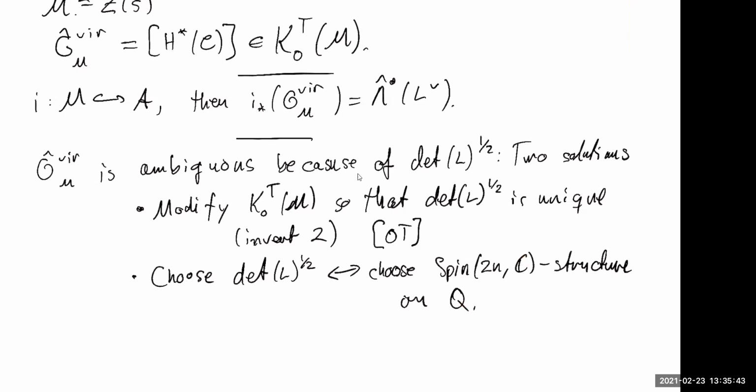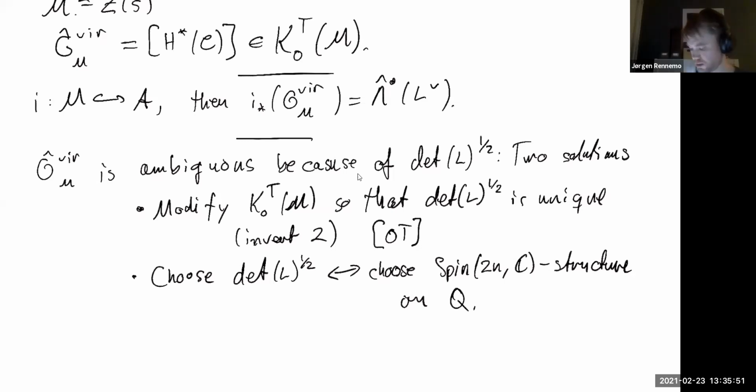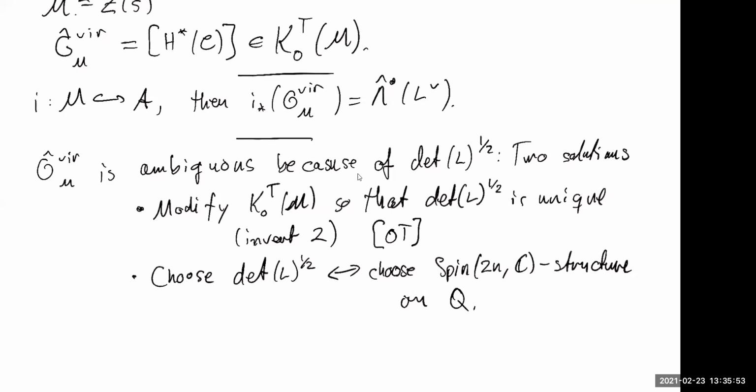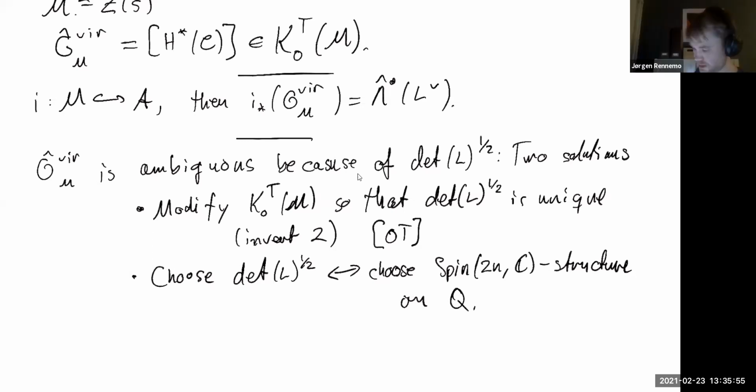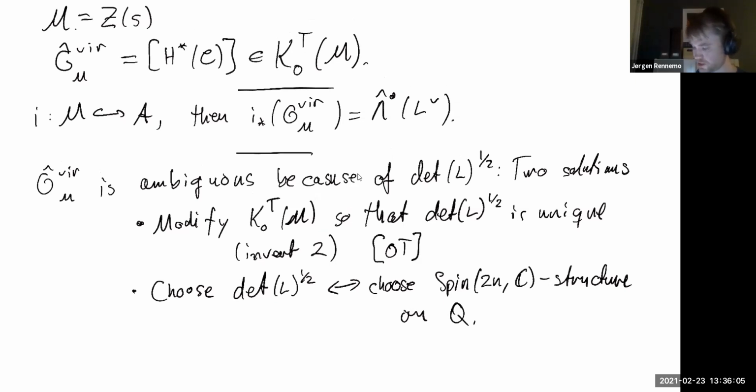Jørgen, I'm a bit puzzled here. In addition to non-uniqueness, there's also an existence question. There's also an obstruction to having a square root or having a spin structure. Is that obviously vanishing in this case? In our case of the Hilbert scheme, it actually fails.